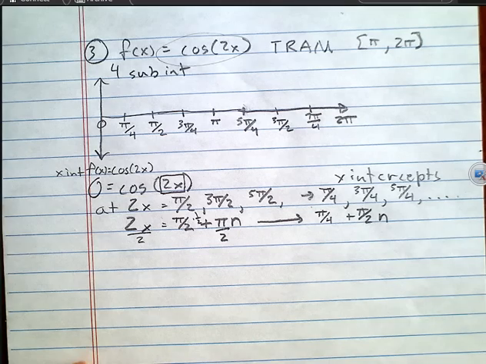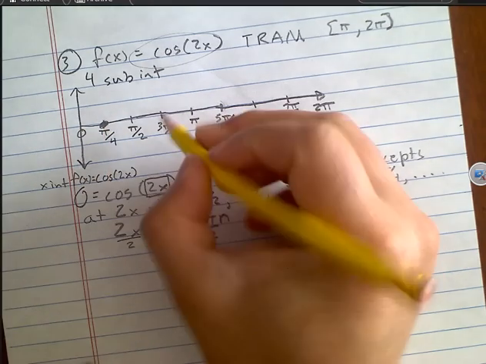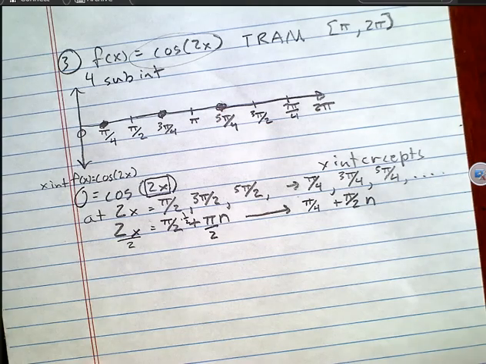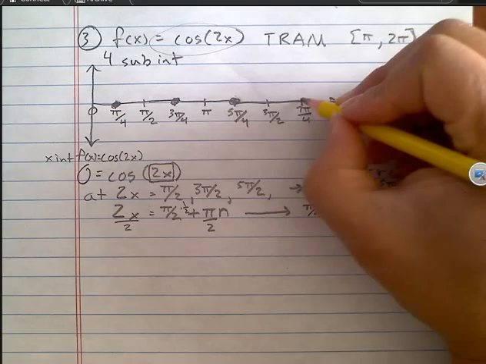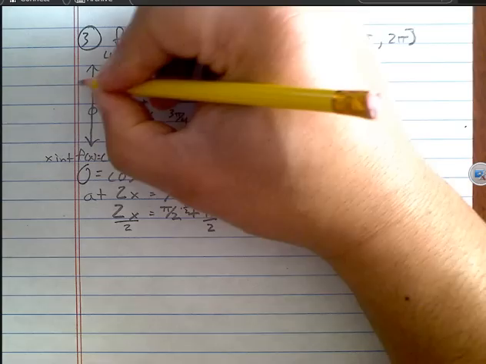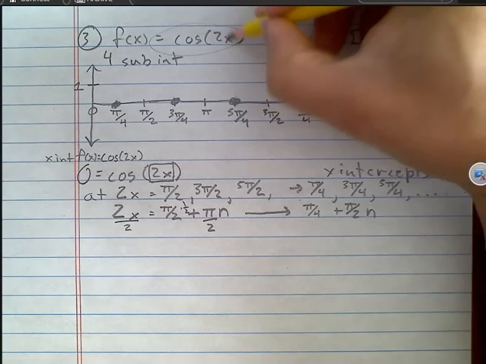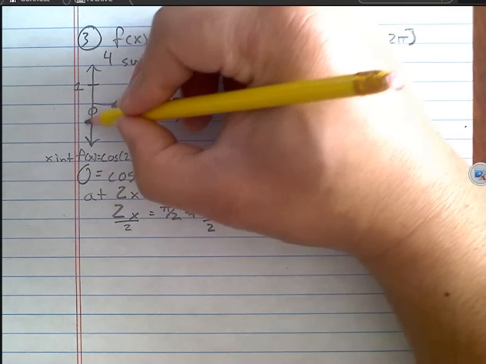So all the x-intercepts are now here, and it's easy to see where to continue from there. And we all know cosine starts at 1. Cosine of 0, even 2 times 0, is 1. And then it oscillates to -1.